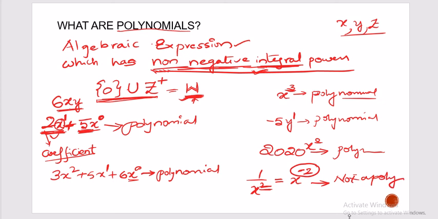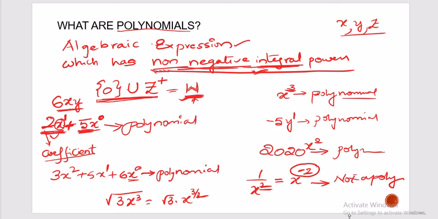Likewise, if I take a few more examples, for suppose root 3 into x cubed, I can write this as 3 into x cubed under square root. How can I write this as the square root of 3 into x power 3 by 2? You know how to convert a root into a power of a rational number, right?